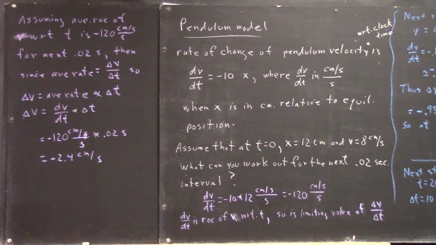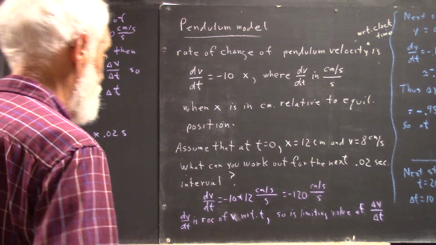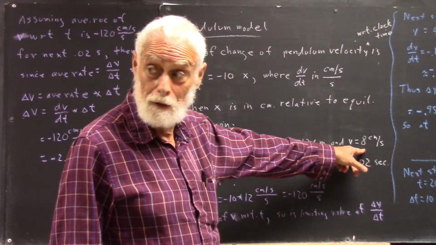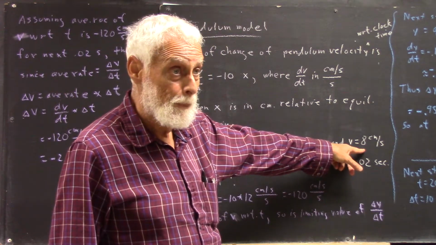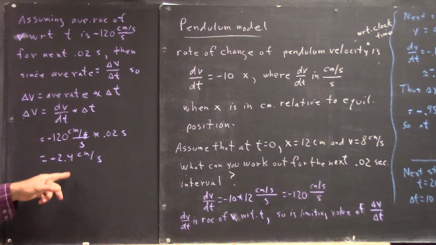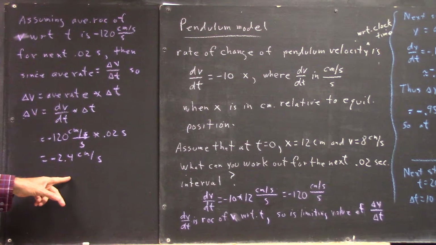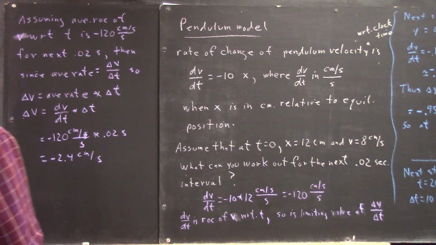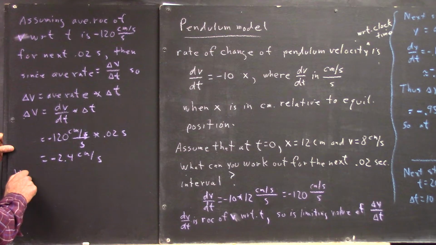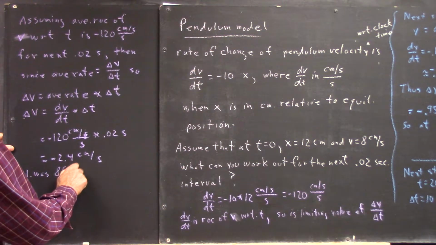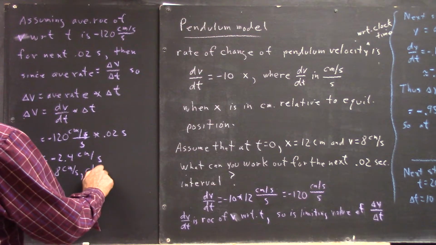Okay? Now we've got additional information. We know that the velocity is 8 centimeters per second, right? And now what do we know? That velocity changed by negative 2.4 centimeters per second, right? Velocity was 8 centimeters per second.